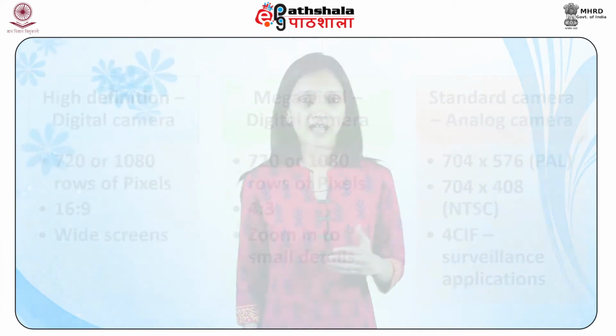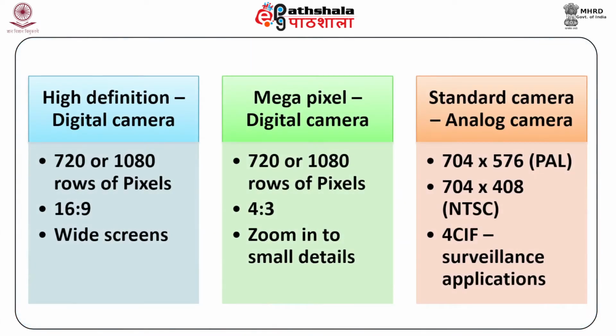Today's cameras, high definition cameras or digital IP camera, which is 720 or 1080 rows of pixels, format is 16:9, works best with wide screens. Then next is megapixel or digital IP camera. It is 720 or 1080 rows of pixels, format is 4:3.